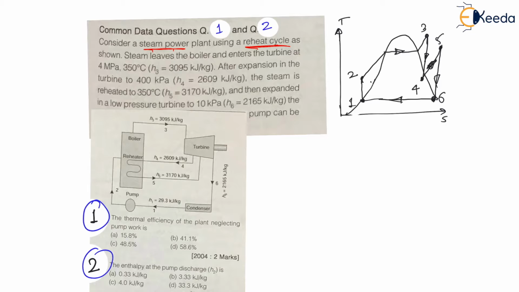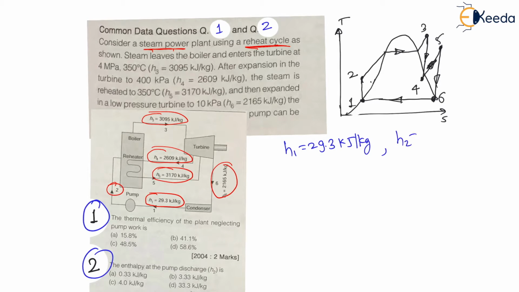And also my dear students, here all the enthalpy values are given. You can find here H1 is given, H2 is not given, H3 is given, H4 is also given, H5 is also given, and H6 is also given. Let us write them. H1 is 29.3 kilojoule per kg.